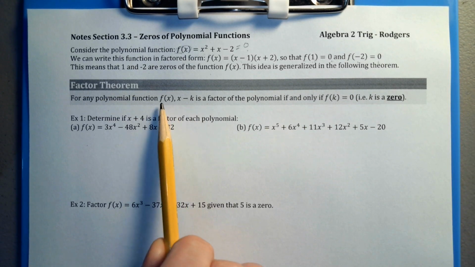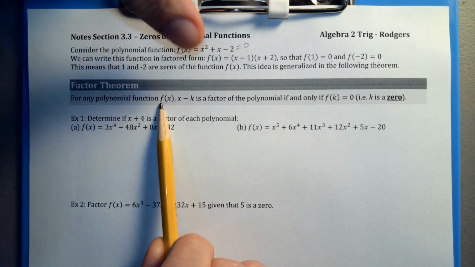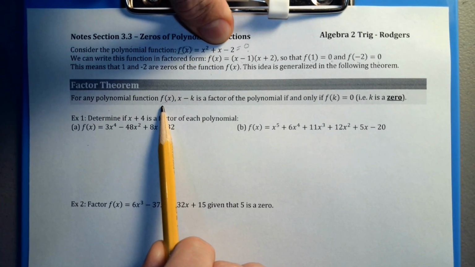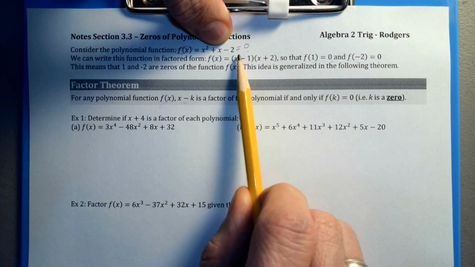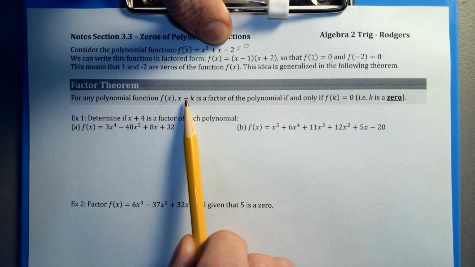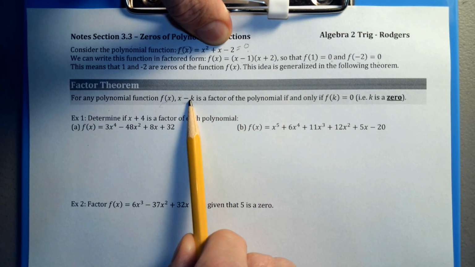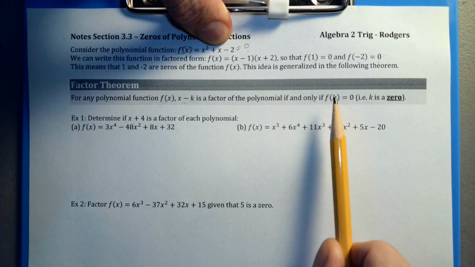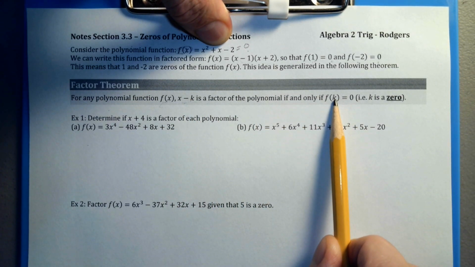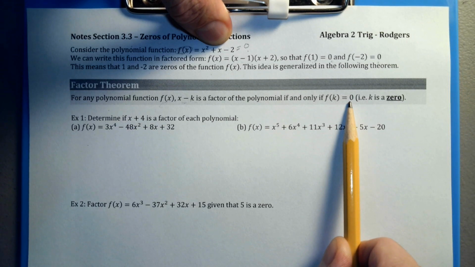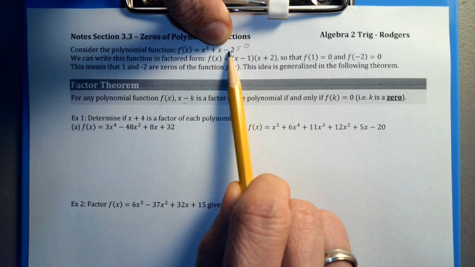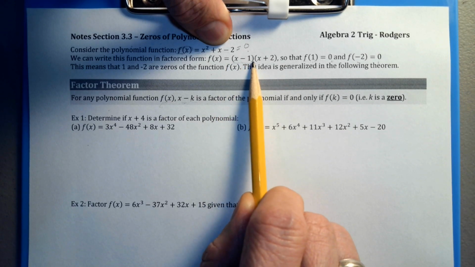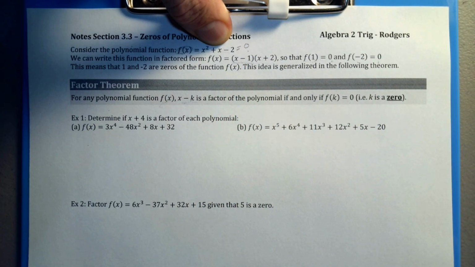So if we take some polynomial, up above our polynomial was this quadratic, and we divide it, and if a binomial like x minus 1 is a factor, then that means that f of 1 is equal to 0. Or said another way, when we divide this polynomial by this binomial, the remainder will be 0.